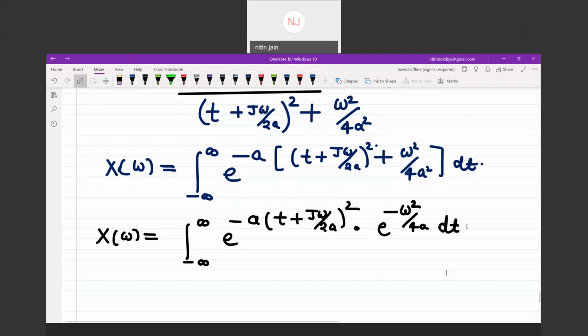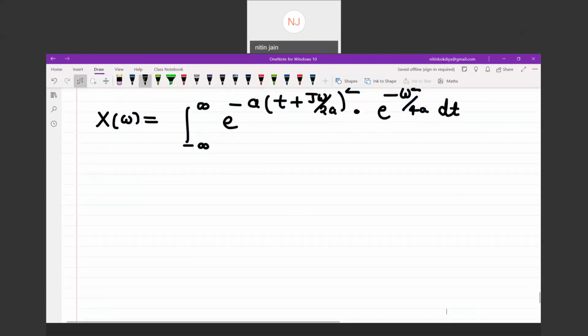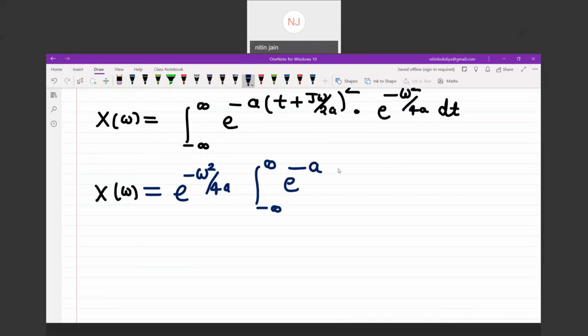If I am integrating with respect to t, e to the power minus omega square by 4a is common. So X of omega equals e to the power minus omega square divided by 4a, and the remaining term is the integral from minus infinity to infinity of e to the power minus a (t plus j omega divided by 2a) whole square dt.